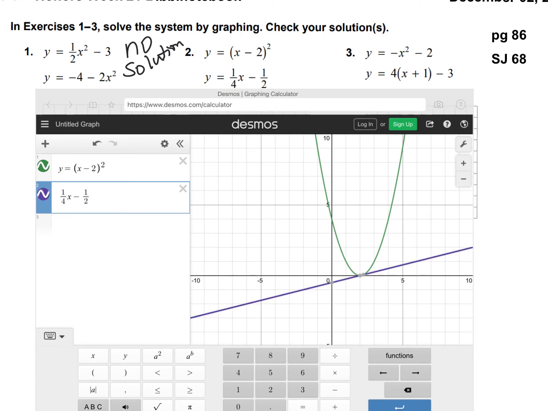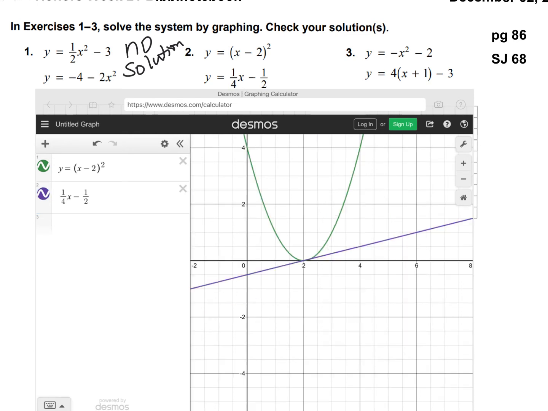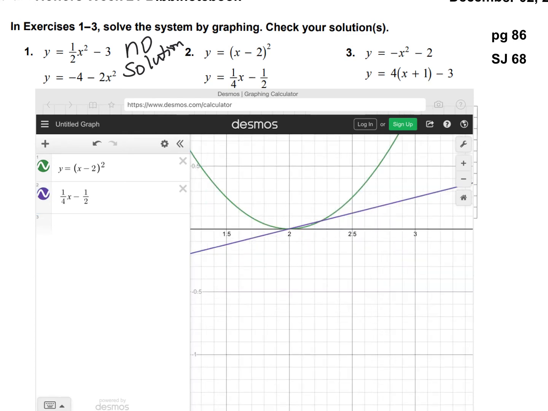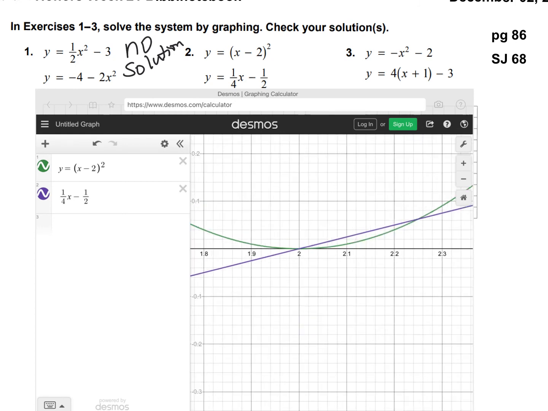One wonderful thing about Desmos is you can zoom in and see the points of intersection. It intersects at 2, 0, and they intersect at 2.25, 0.0625. So we'll write those. 2, 0, that's one solution, and 2.25 and 0.0625. Those are my 2 answers.